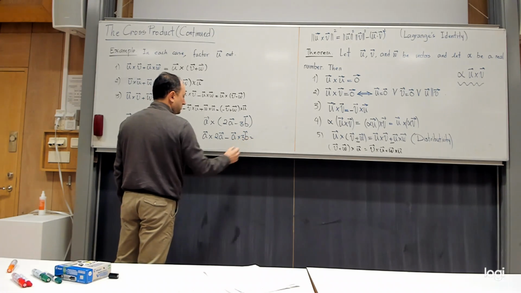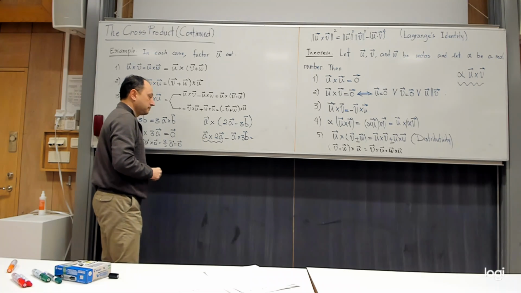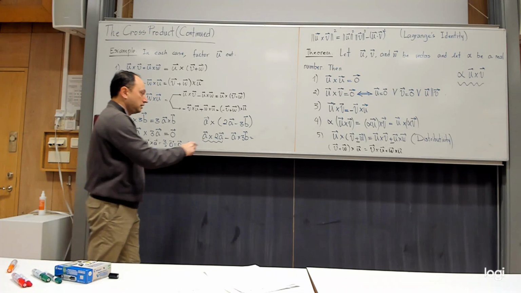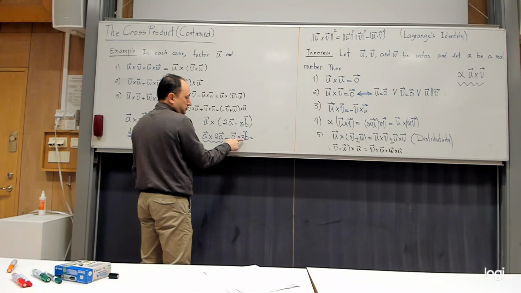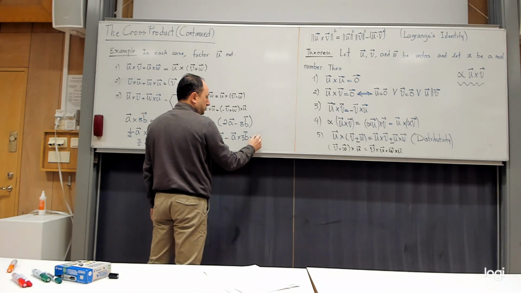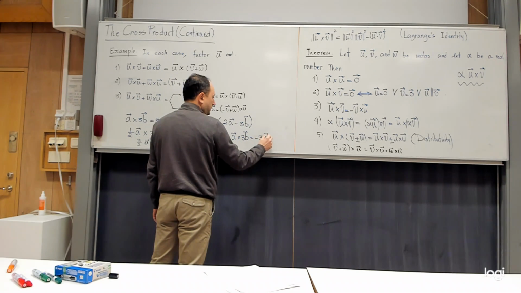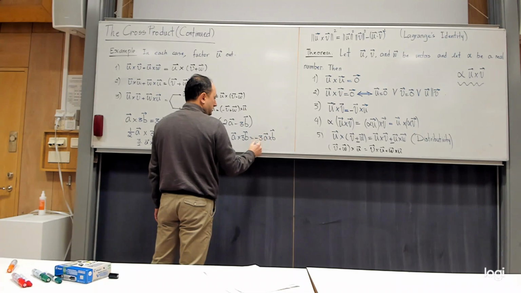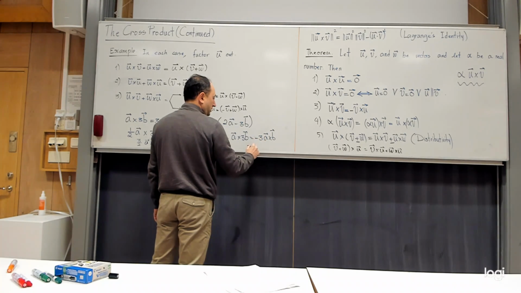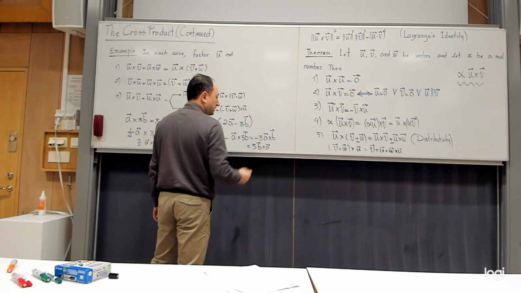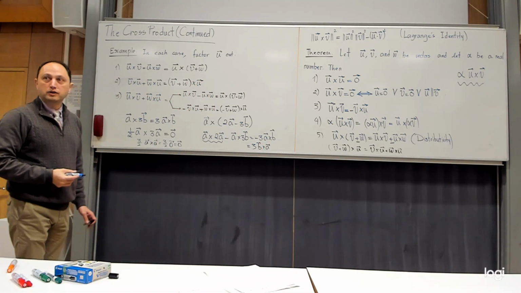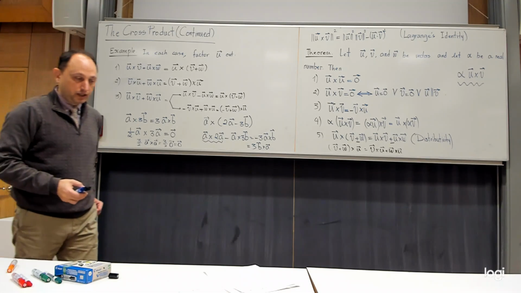If I want to simplify, a cross 2a is the zero vector, and then I can put the 3 out front, so it becomes minus 3a cross b. And if you don't like minus signs like me, you can just write it positive and interchange them. But that's not compulsory. So if you want to simplify, that's one way.